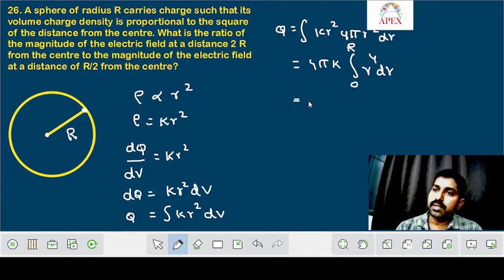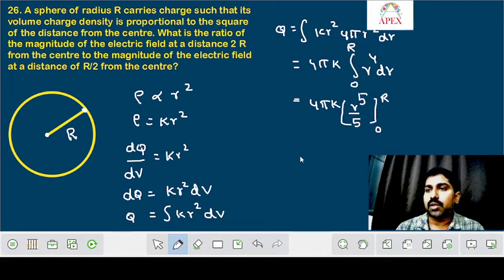So Q is equal to 4 pi k into the integral of r power 4, that is r power 5 by 5, and limits are from 0 to capital R. Then the total charge will be 4 pi k by 5 by substituting the upper and lower limits.